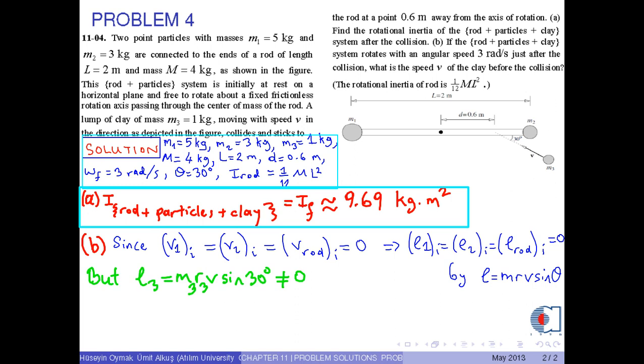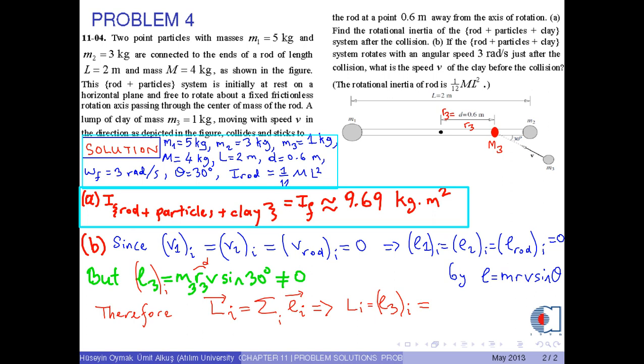Then its angular momentum is calculated to be L3 equals m3 times r3 times v times sine 30 degrees, which gives a non-zero result. Therefore, the angular momentum of the whole system before the collision is due only to the moving lump of clay.